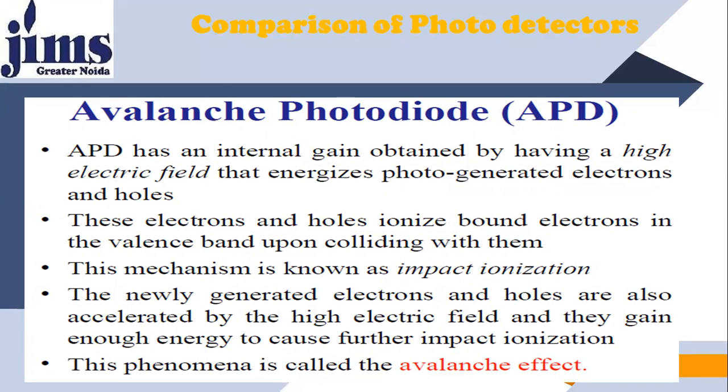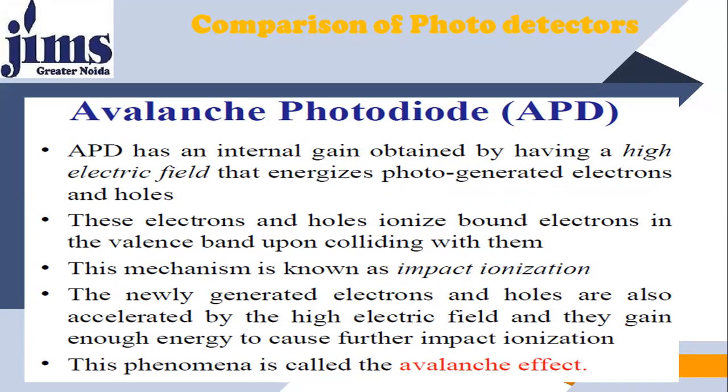This happens in the avalanche photodiode because very high reverse biasing is applied, and because of it a very high electric field is generated at the depletion region or active region. So when electrons are free, they have very high acceleration and energy, and they are responsible for further generation of free electrons, and that is impact ionization.